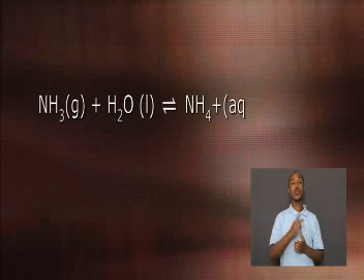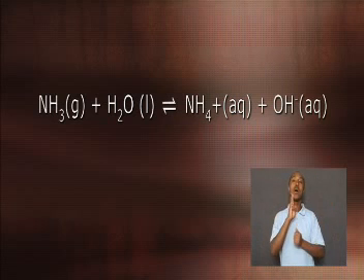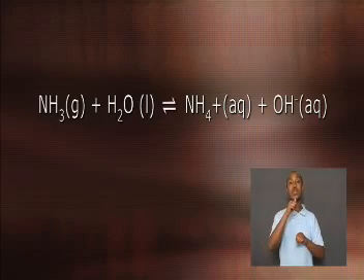As you can see, when it dissociates with water, ammonium and hydroxide are produced. The double arrow indicates that the reaction does not proceed to completion. In fact, this is true of all weak bases.